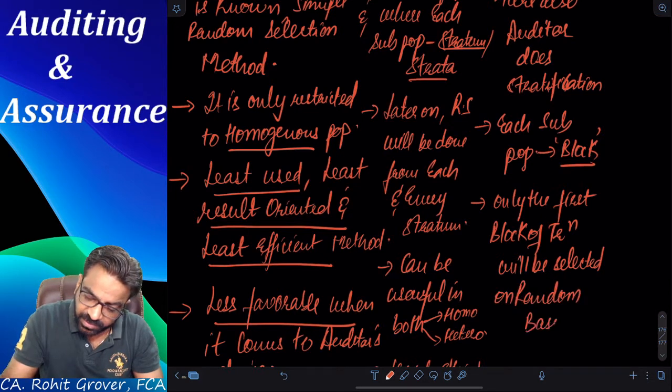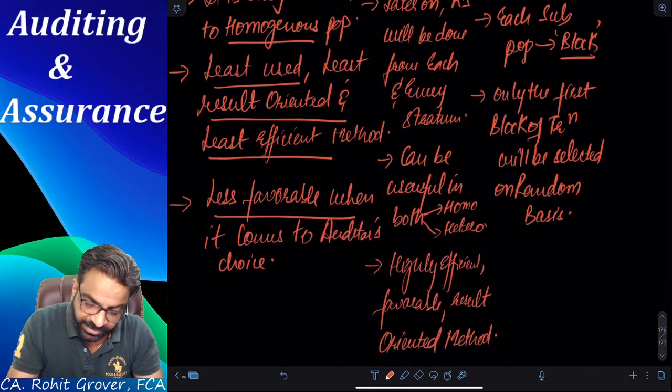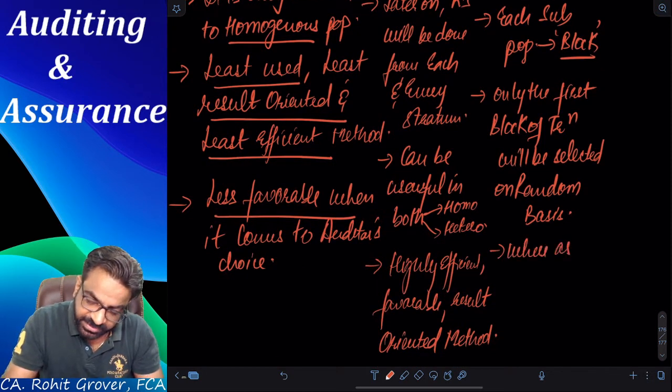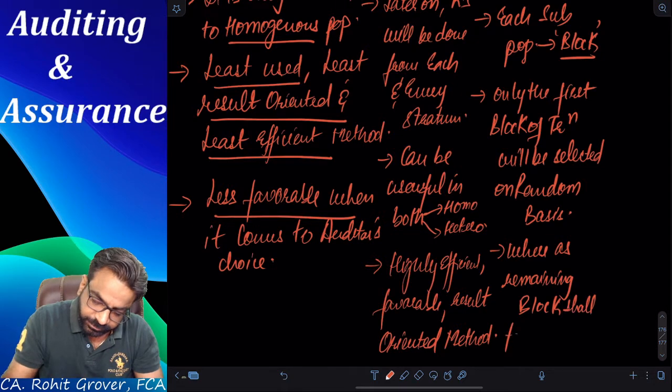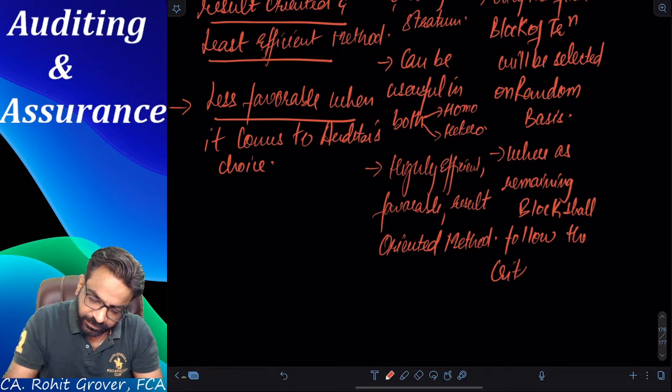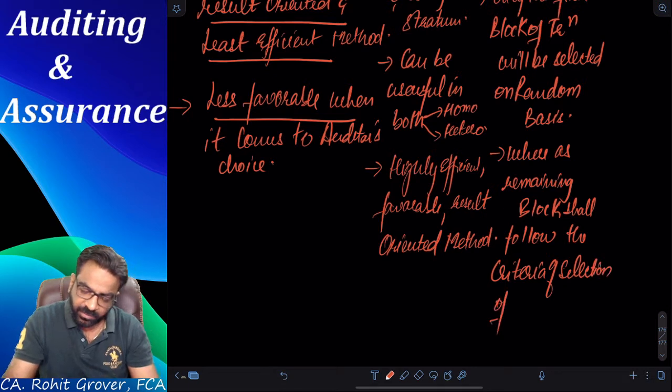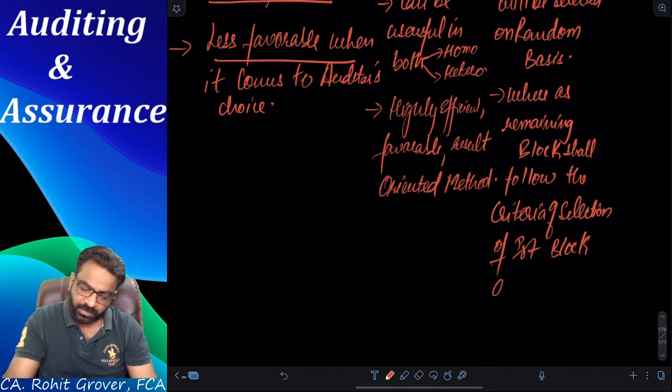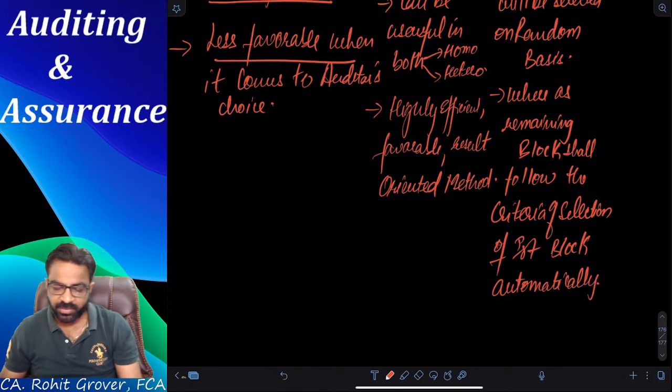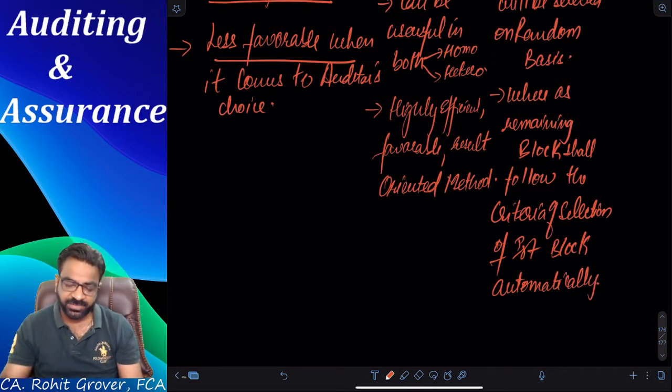Only the first block of transactions will be selected on a random basis, whereas the remaining blocks shall follow the criteria of selection of the first block automatically.